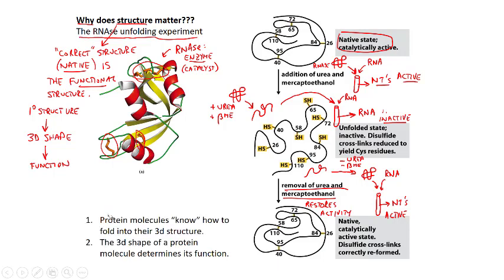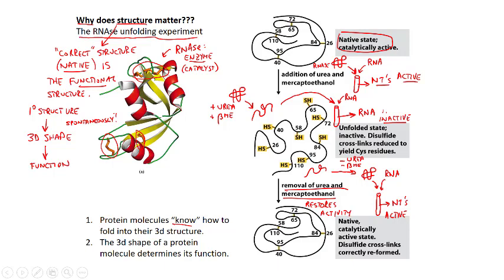So there were 2 conclusions from this experiment. The first thing is that protein molecules inherently know their correct structure, right? So like we set up here, when the protein goes from having a certain primary structure to having a certain shape, this is a process that occurs spontaneously. So we don't need other proteins to give this protein its correct structure.